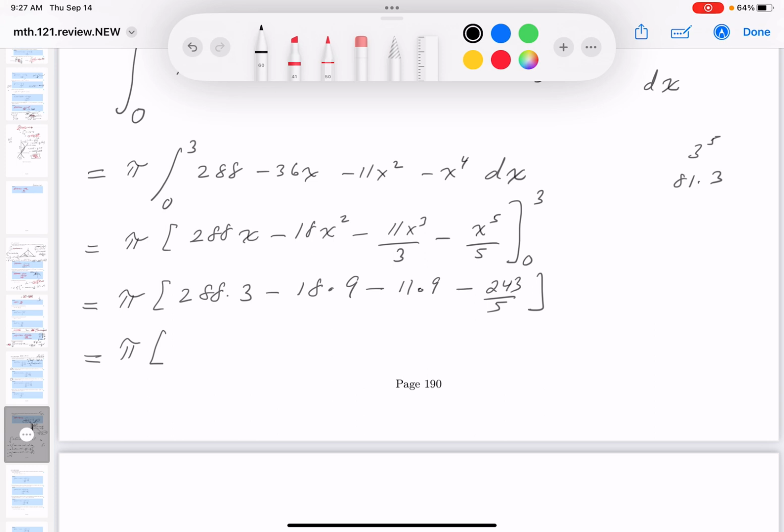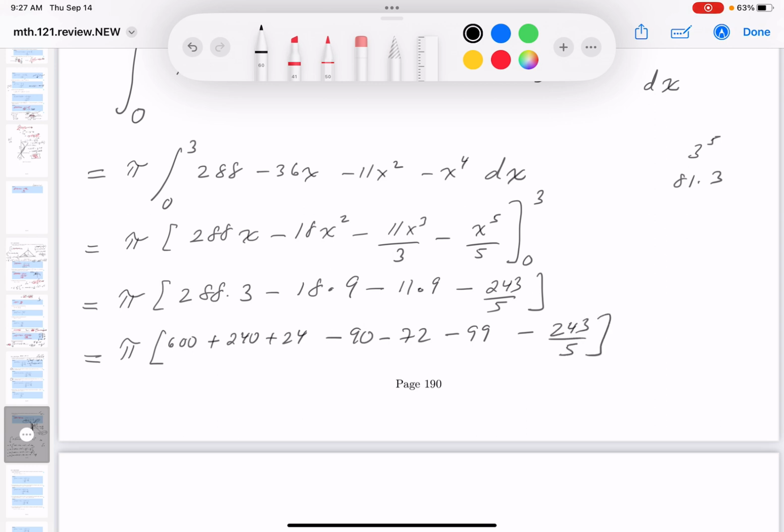So 3 times 200, 600. And then you're going to get plus 3 times 80, which is 240, and 3 times 8, which is 24, minus, well, 9 times 10 is 90, and 9 times 8 is 72. It's going to be minus 99, and then I got that fraction on the end. It's just 243 over 5.